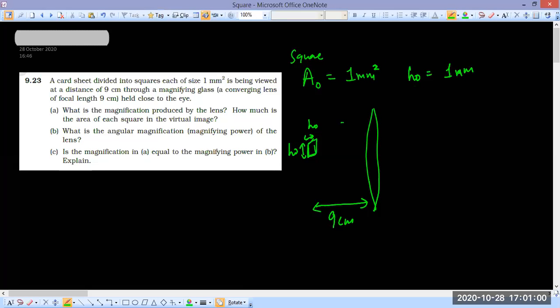ઓકે, so we get HO is 1 mm, AO is 1 mm square, right? Now we have to find what is the magnification produced by the lens. આ ક્વેશ્ચનમાં મિસ્ટેક છે. તમારી પાસે કદાચ કોઈની જૂની બુક હશે તો એમાં કરેક્શન કરેલું હશે. અહીંયા છે ને 10 સેન્ટીમીટર આવશે. છે કોઈનામાં કરેક્શન?